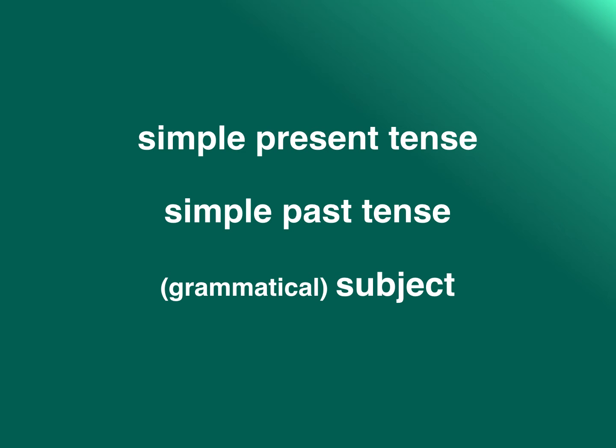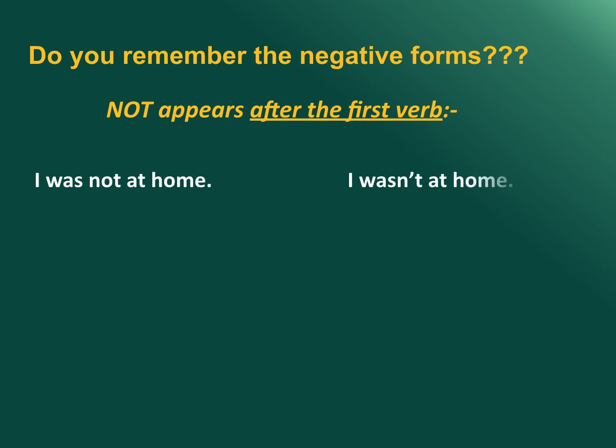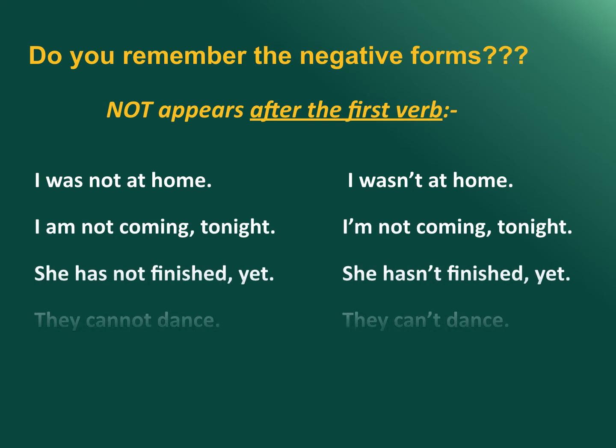Okay, next we're going to do a quick review of the previous lesson on negative forms. Do you remember this? In the first sentence, you can see the be verb first, then not. I was not at home. The next three sentences have the verbs come, finish, and dance. Plus, they have helping verbs.